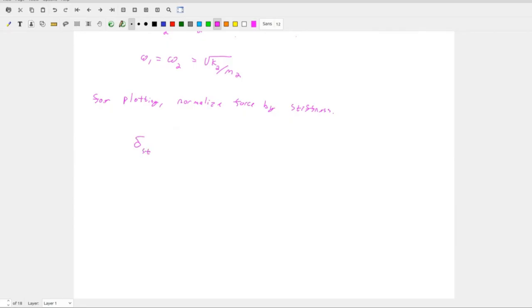Let's call that delta st, the static deflection, equal to F naught over K1.